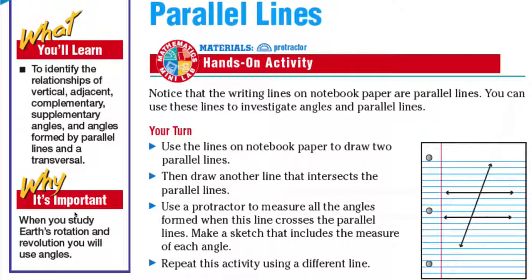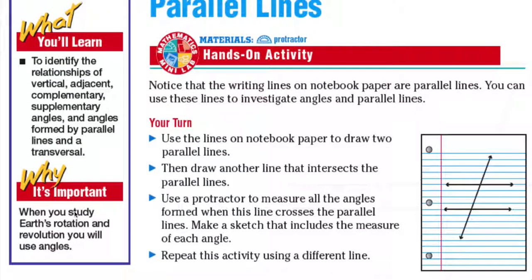So let's take a look at this little bit of a hands-on activity. Take out a piece of paper, a straight edge, and your protractor. Notice that the writing lines on notebook paper are parallel lines, and if you recall, parallel lines are lines that do not intersect. You can use these lines to investigate angles in parallel lines. In your notebook, use lines on notebook paper to draw two parallel lines.